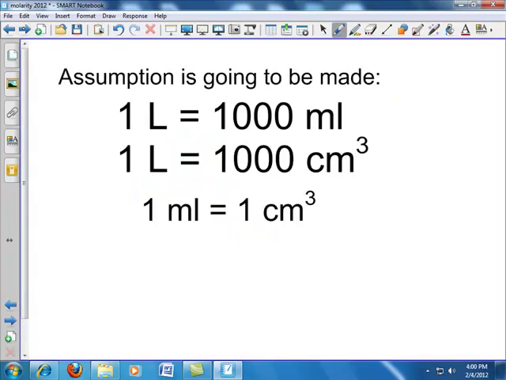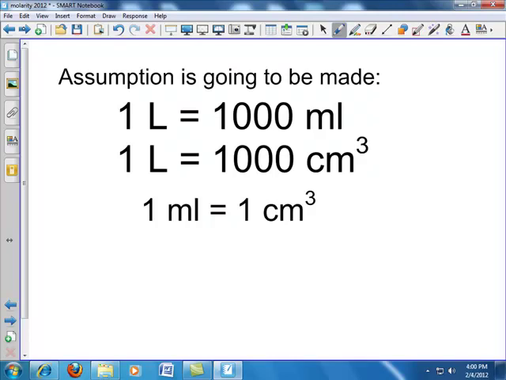Okay, now, there's a lot that actually goes into these particular problems. One of the things is we're going to make an assumption: that you remember that 1 liter is 1,000 milliliters and 1 liter is 1,000 cubic centimeters.